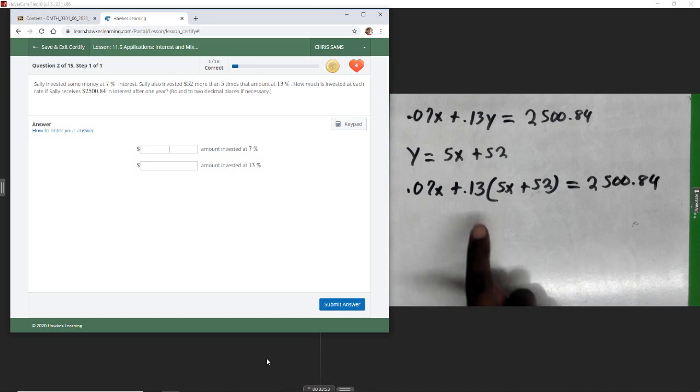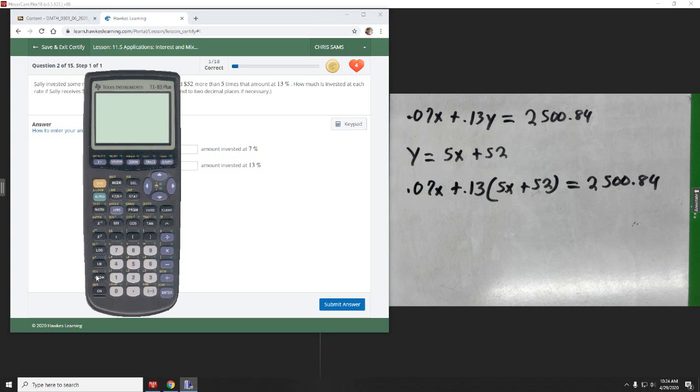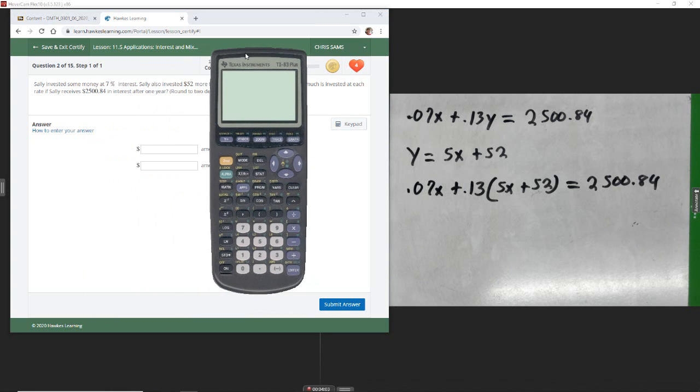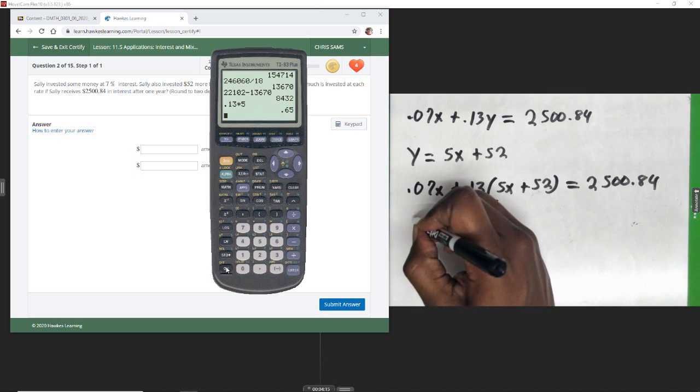Okay, we're going to do 0.13 times 5 and 0.13 times 52. So get our handy dandy calculator. We do 0.13 times 5, and that gives us 0.65x.